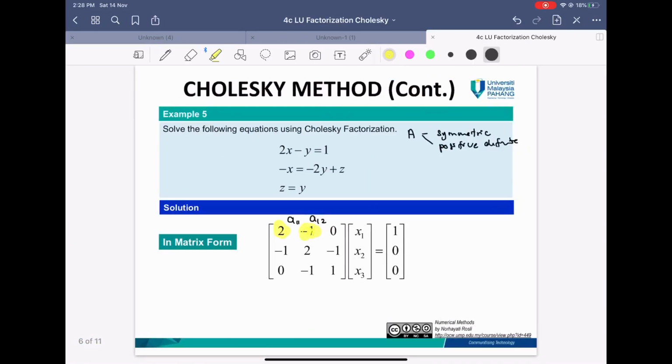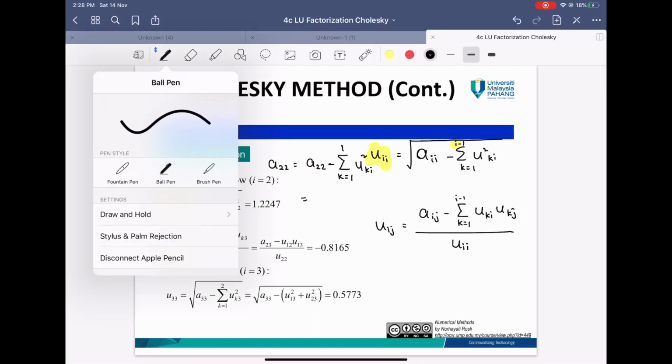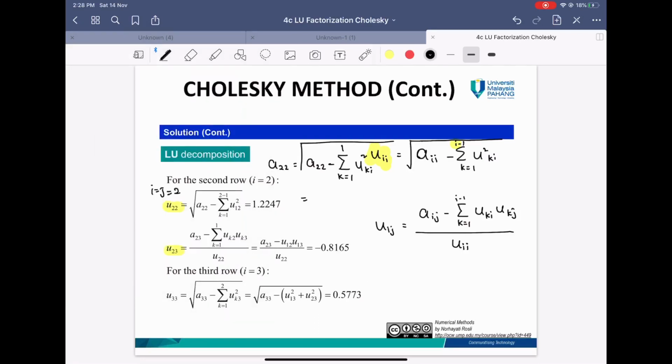What is our A22? Our A22 is equal to this element. Substitute into here, we will get 2. Sorry, we have a square root here. That means 2 minus, for k equal to 1, we have one element, which is U, k starts from 1, and our i is equal to 2, squared, and the square root.